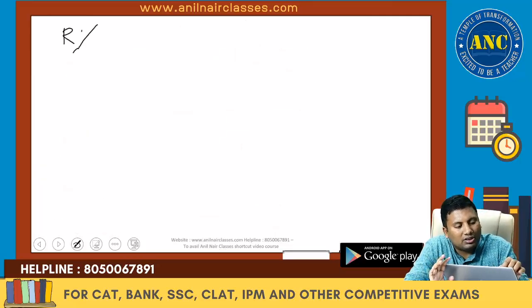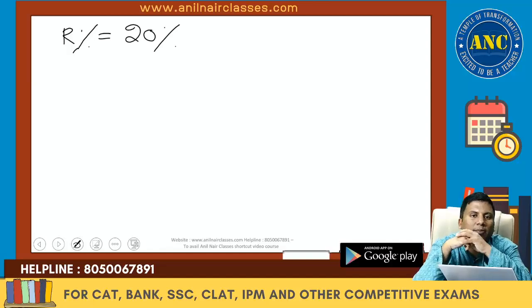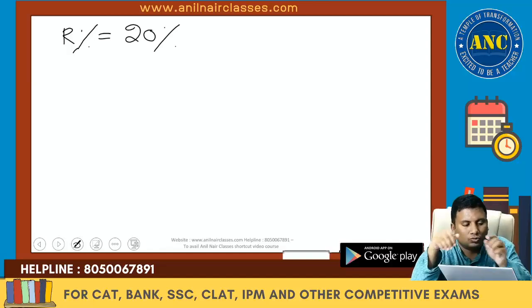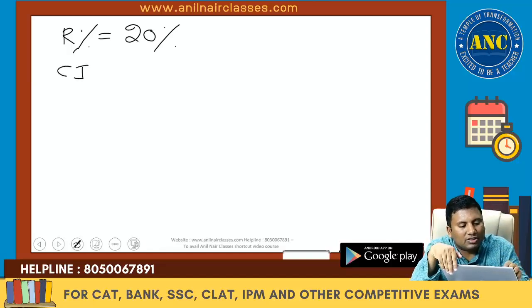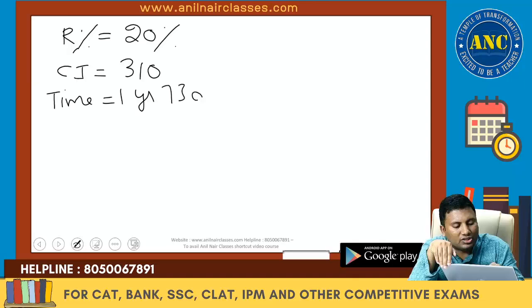R is nothing but 20 percentage. CI is nothing but 310. Time period is 1 year 73 days.